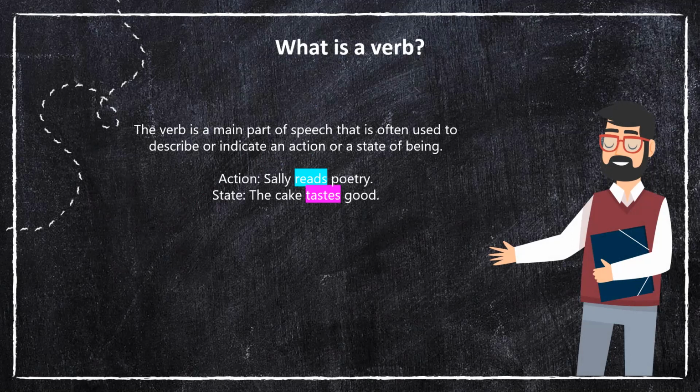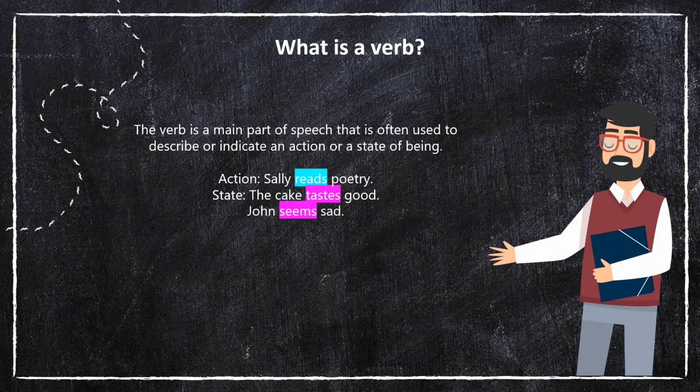In this case, tastes is the verb. But it's not something that the cake is doing. That would be pretty funny to see. But this is something that the cake is, basically. The cake tastes good. Taste here doesn't describe an action, but a state or a characteristic of the cake.